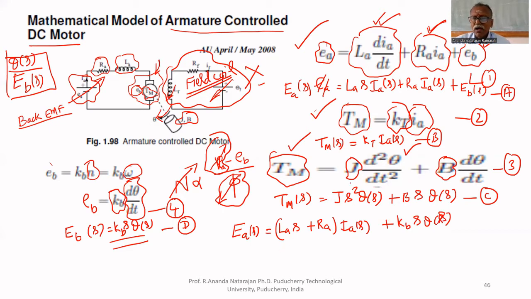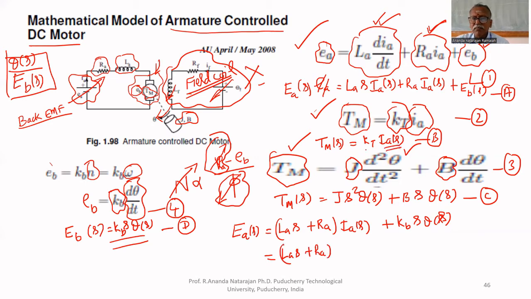Now, IAS can be replaced by Tm by KT. So LAS plus RA, IAS equals what?